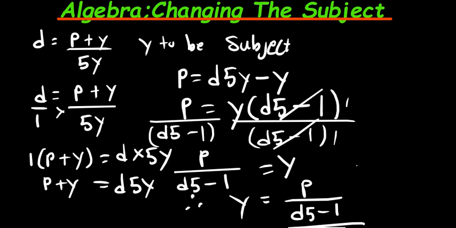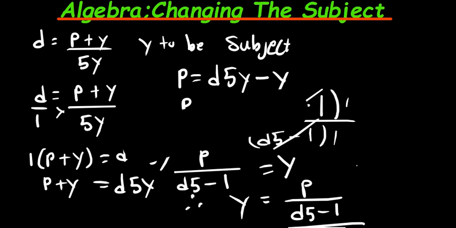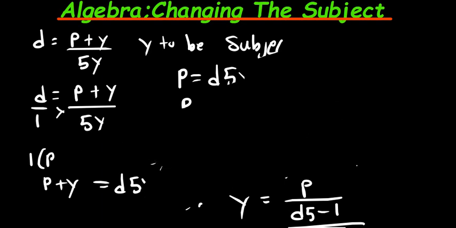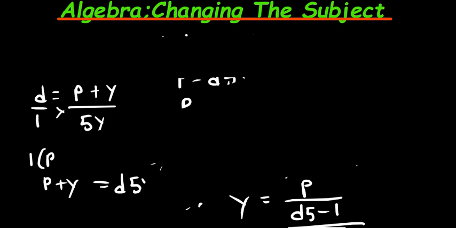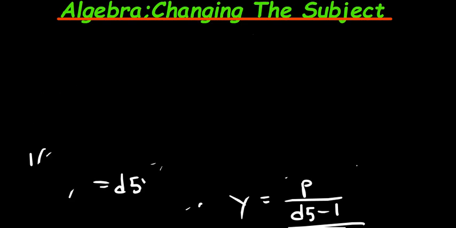Now, just a practice question for you guys. Try out this one. Let's say you have been given y = the square root of (x - 9).